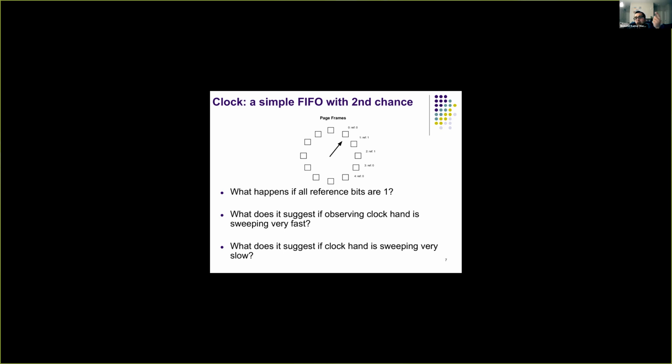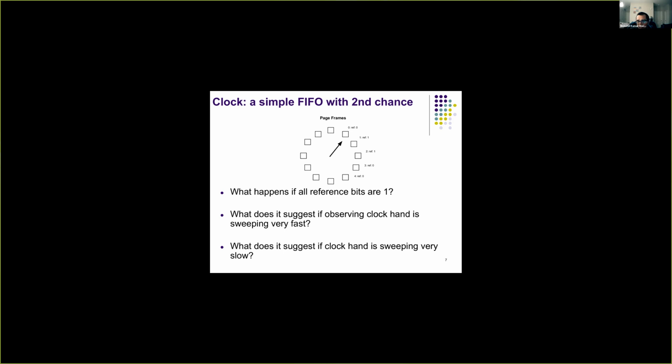If all the reference bits are 1, we go around and eventually take the first page, because we would have reset its reference bit. So the worst-case efficiency of clock-based FIFO is similar to that of FIFO. However, in this case, we don't need to maintain the queue. Rather, we just update the index, or the clock hand.